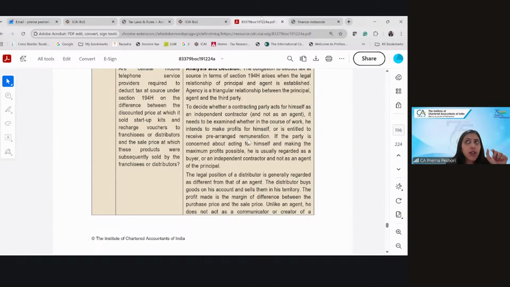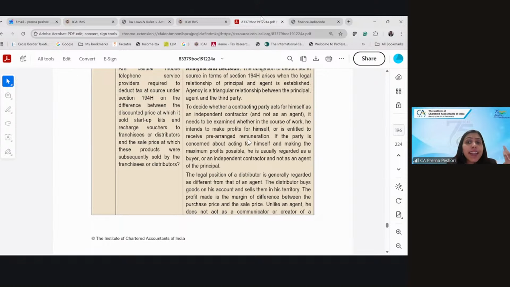For that you need to examine whether he makes a profit for himself or is entitled to a pre-decided remuneration. If you work for yourself, you will try to maximize the profit as much as possible. Then you are an independent contractor. So if you are acting as a distributor, that means you will try to sell it at as much price as possible.